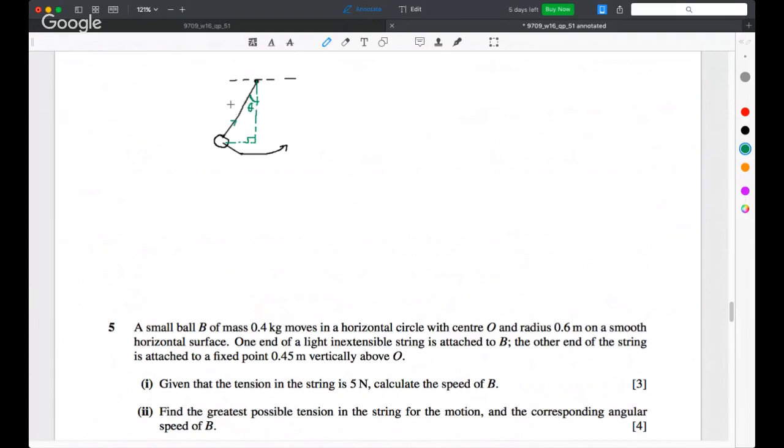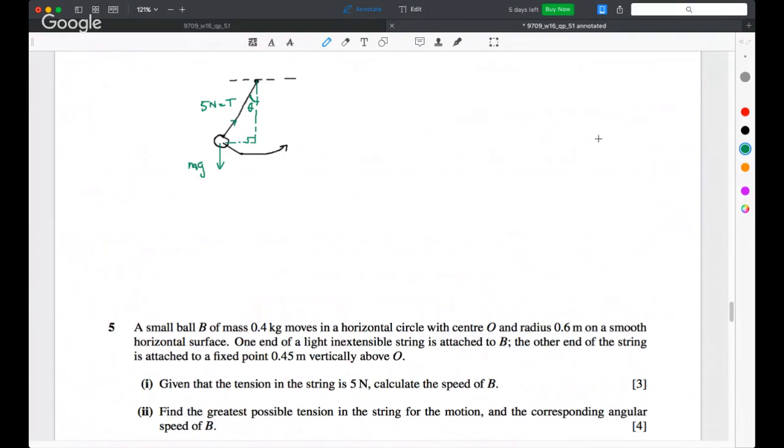The tension in the string is T, which they've given us, 5 newtons. And we know that the mg is acting on the ball.